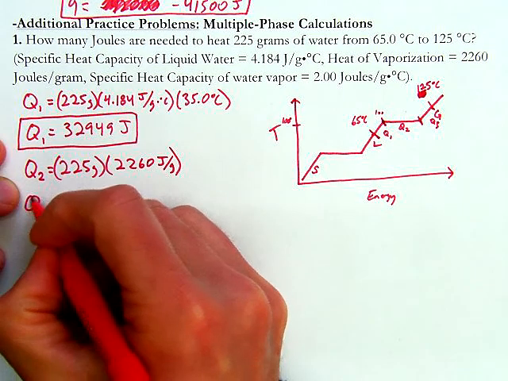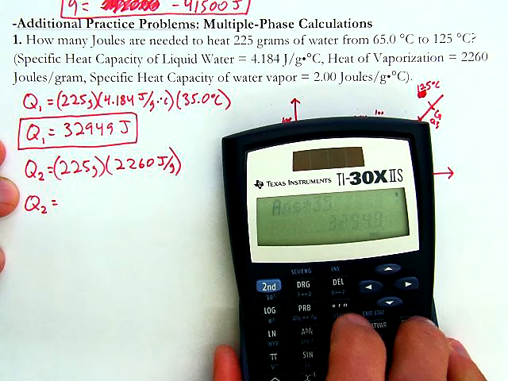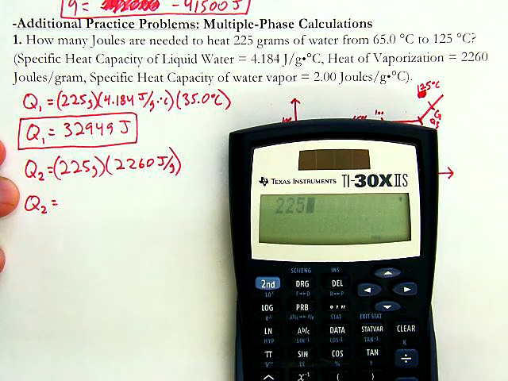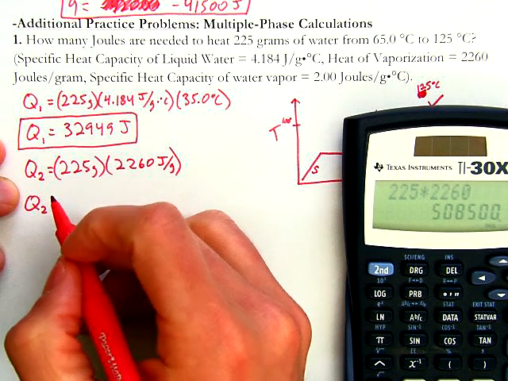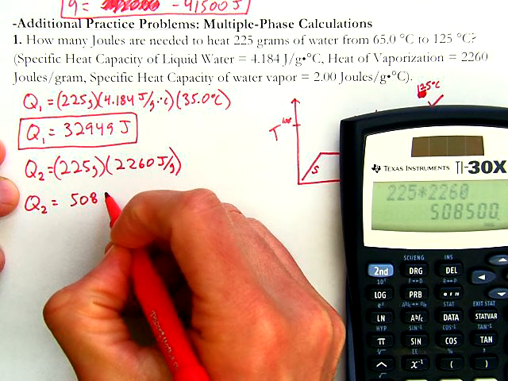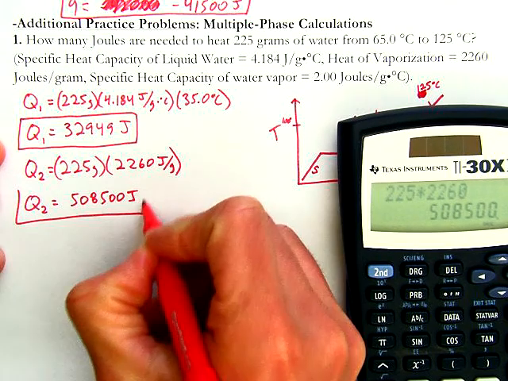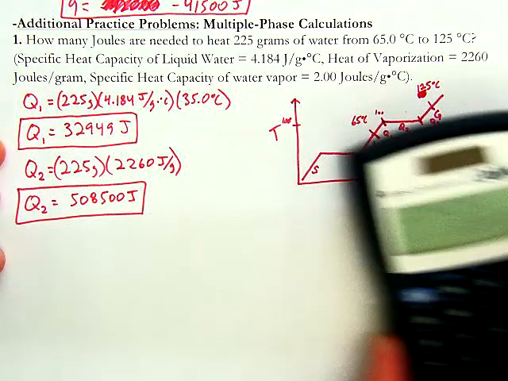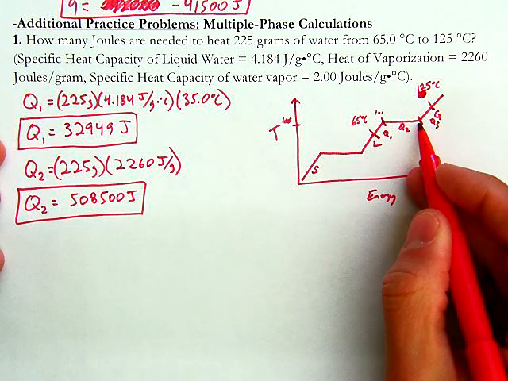If we take 225 times 2,260, we get 508,500 joules. So that's the amount of energy required to boil all of the liquid water.